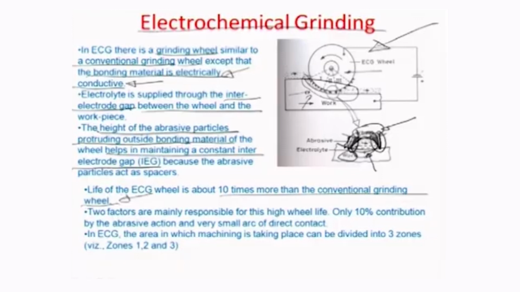So the effective area in which machining is taking place can be divided into 3 zones, which you can see marked here as zone 1, 2 and 3. Let us see individually what happens in each of these 3 zones in the ECG process.